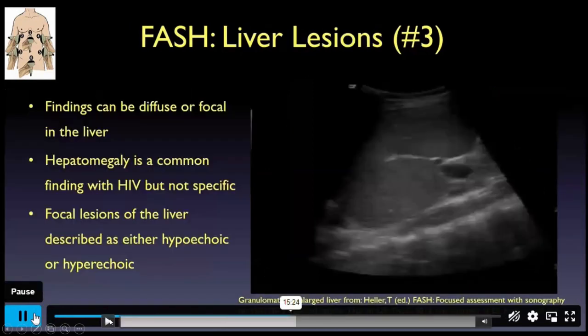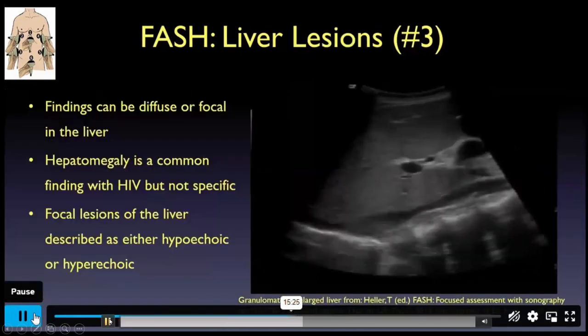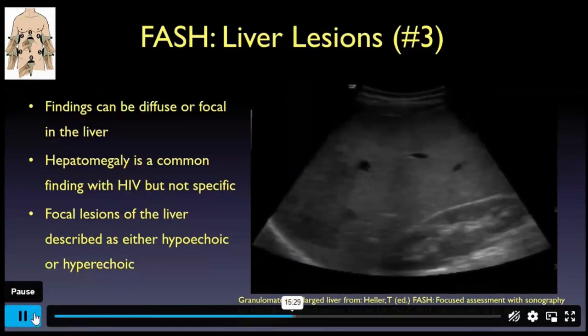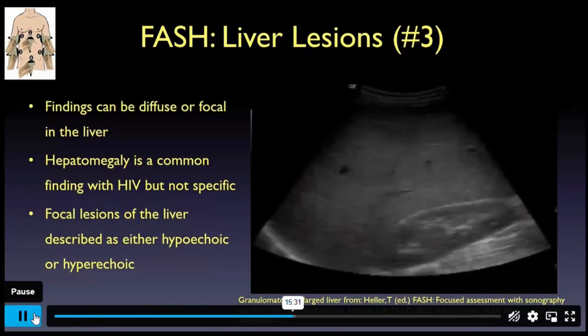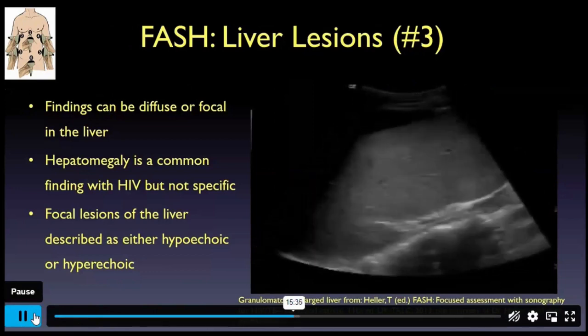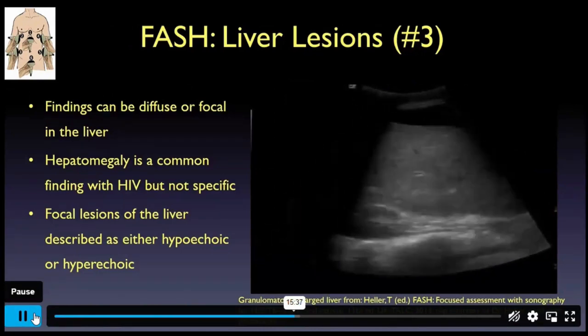The liver lesions could appear as hypo or hyperechoic. Usually the hypoechoic lesions are more fungal and amoebic abscesses, and usually PCP is more hyperechoic.